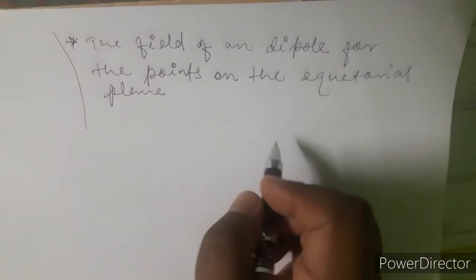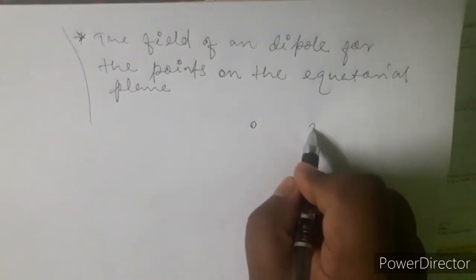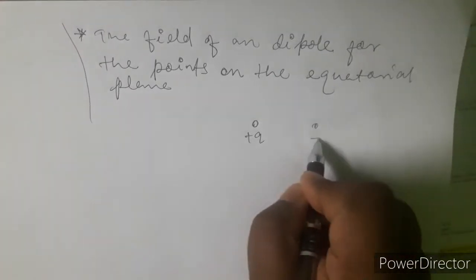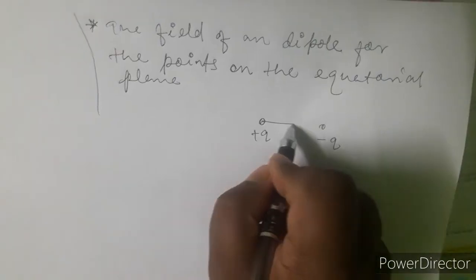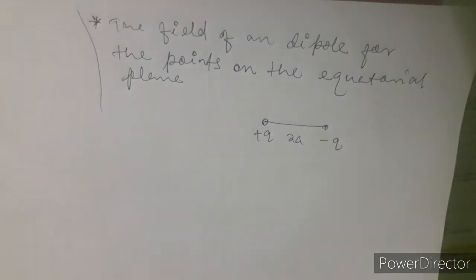As in the last discussion, I have told you what a dipole is. A dipole is two equal and opposite charges, let's say plus q and minus q, separated by a very small distance, let's say 2a.